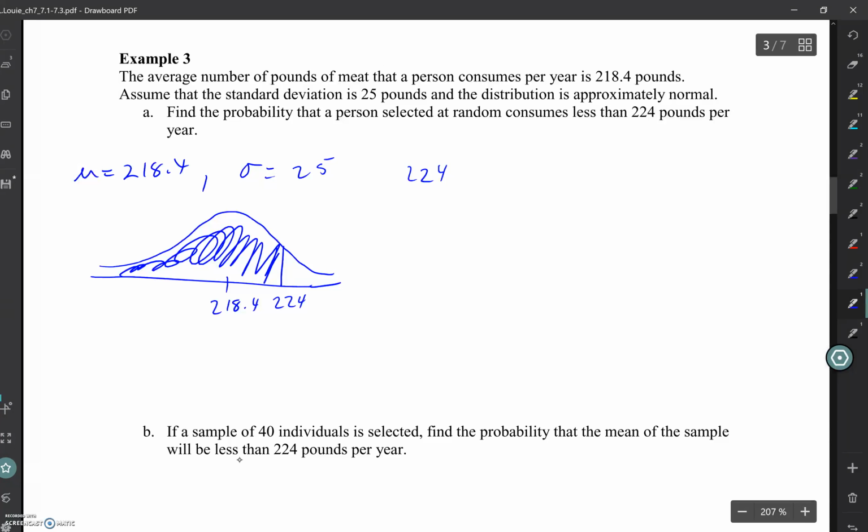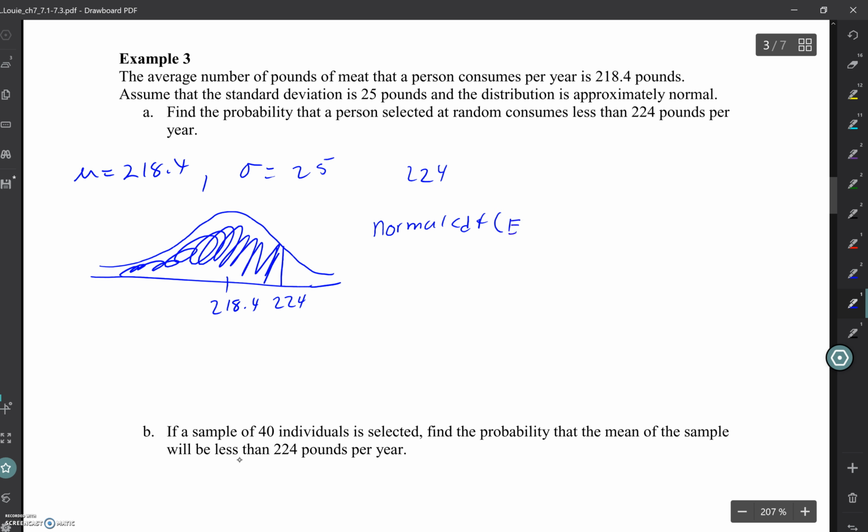How do I calculate this? If you want to do it by hand. No, I want to find the probability. It didn't give me one. So I'm still using normal CDF.